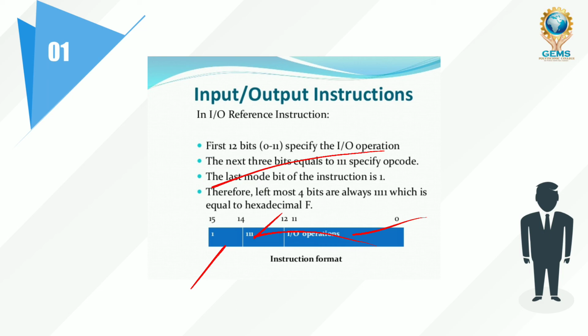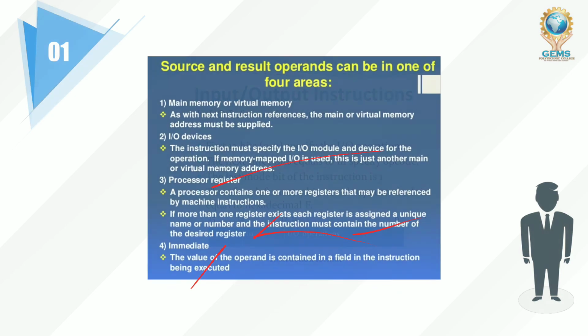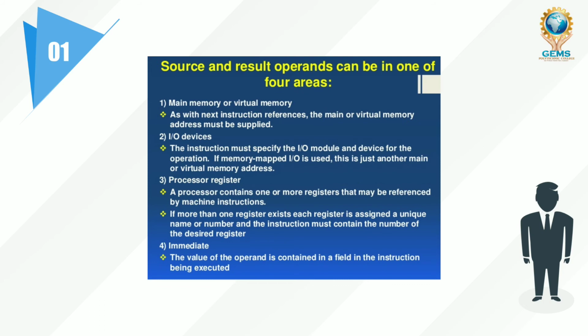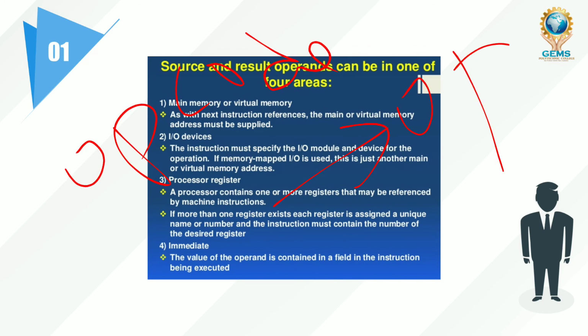So this is about the instruction types. Now I want to talk once again about this concept to understand it in a clear manner. Know that opcode talks about operation. You know, my dear students, opcode talks about operations.